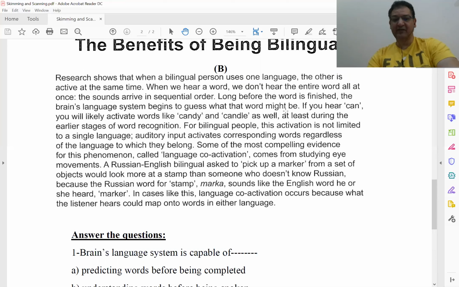So your brain's language system can predict words before they are completed. This is what I understand. First, I quickly get the words brain's language system through scanning, and I try to understand the sentence as a whole to get the answer.